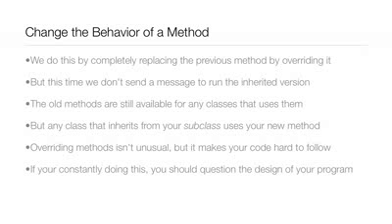And overriding methods isn't unusual, but it does make your code hard to follow. And it really makes it hard to follow if you're doing this a lot. If you are doing this constantly, you really should question the design of your program, because this method over here in this class does this, but the same method over here in that class does that.